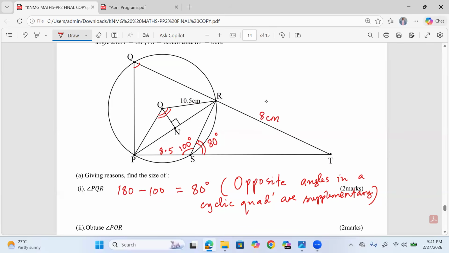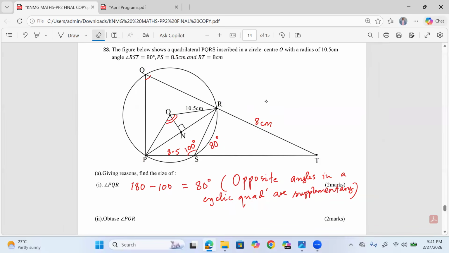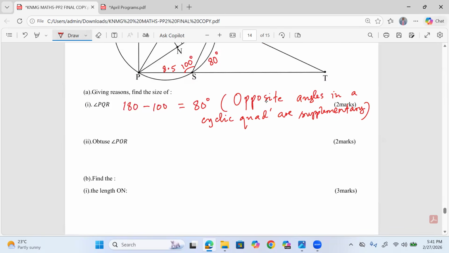We don't mean the reflex. We are talking about the obtuse, so the inner one. So we say that the angle should be 80 times 2. 80 times 2, 160 degrees.